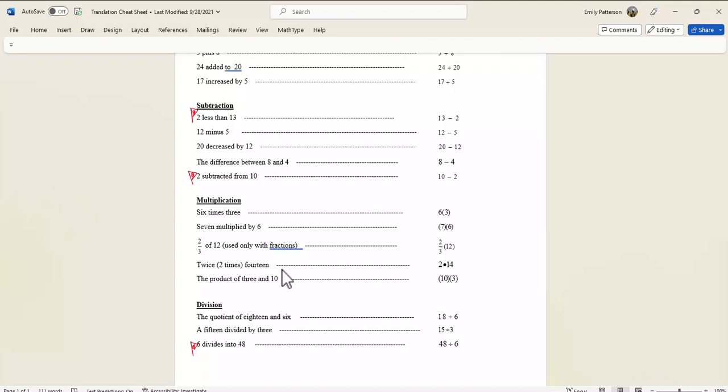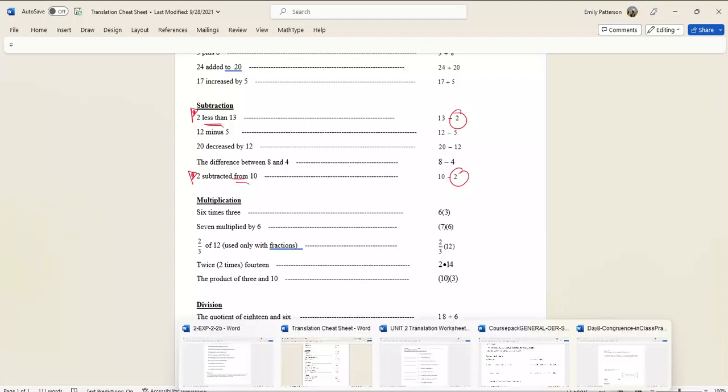So this is what we did all the way back in day 1. 2 less than 13 means the 2 is written in the back. 2 subtracted from 10 means the 2 is written in the back. And 6 divides into 48 means the 6 is in the back. So everything else is written in the order that it was said, except those 3 keywords, less than, from, and into.